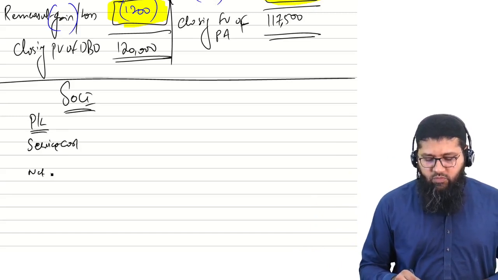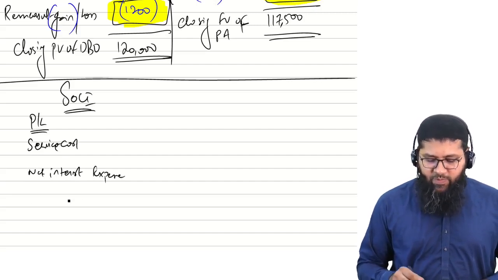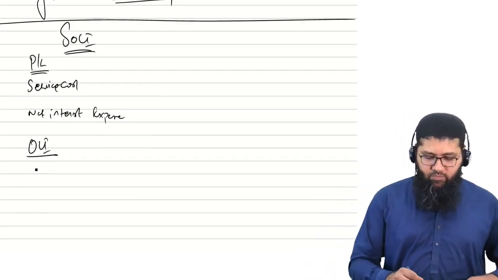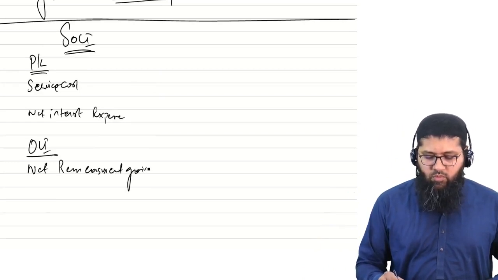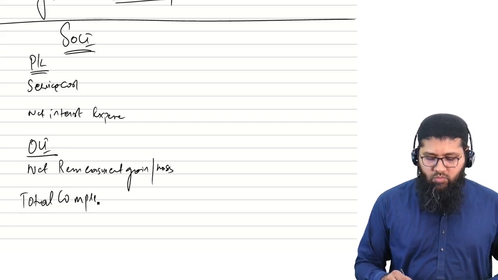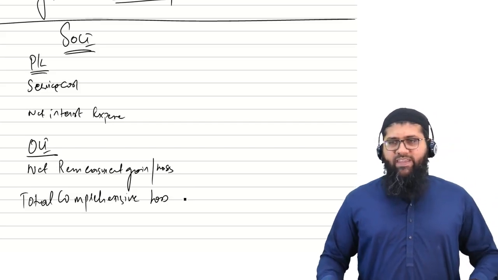You would have service cost. Then you would have the net interest expense. You will have the OCI. Now, what's actually going to happen?